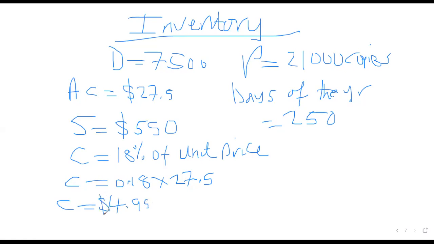So from here we can substitute. Our daily demand is equal to annual demand over days of the year, which is 7,500 divided by 250.